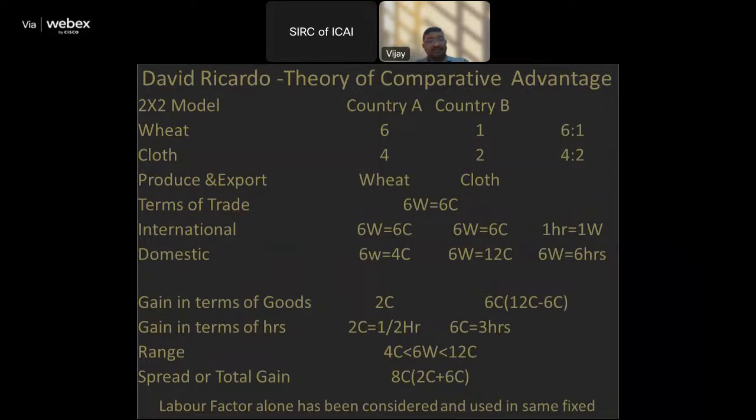So the savings in terms of hours will be half an hour in case of country A, 3 hours in case of country B. So that means total gain is what, 6C plus 2C in country A plus 6C in country B. Totally there will be a gain on account of international trade 8C that will be spread over 2 countries.